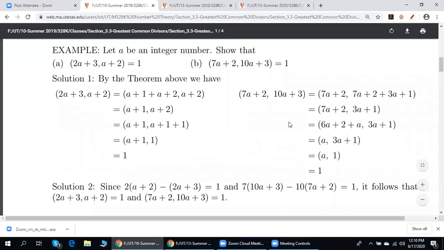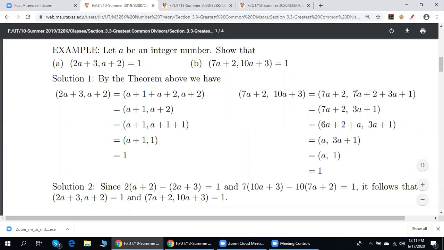Similarly, let us rewrite 10a plus 3 as this, which is over here, plus the rest. The rest is 3a plus 1. Indeed, 7a plus 3a is 10a, 2 plus 1 is 3.